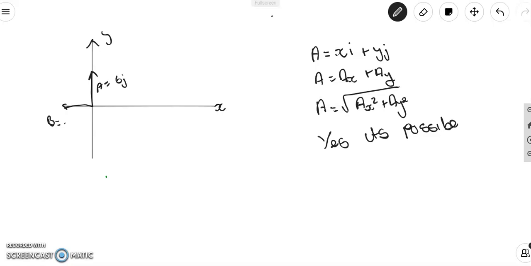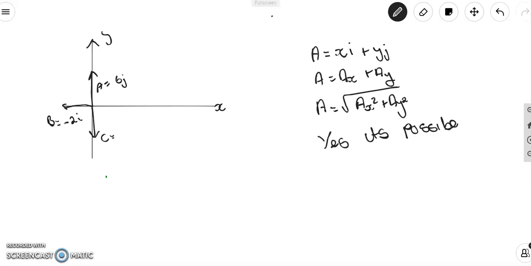As I've drawn in this diagram, in this Cartesian plane, we've got this vector A equals 6j, and I have also B equals minus 2i. These vectors are along the axis. Another vector that is along the y-axis is this one.